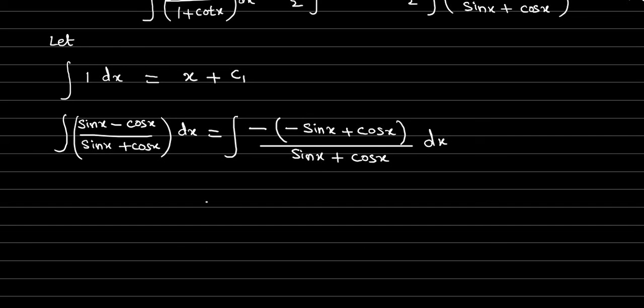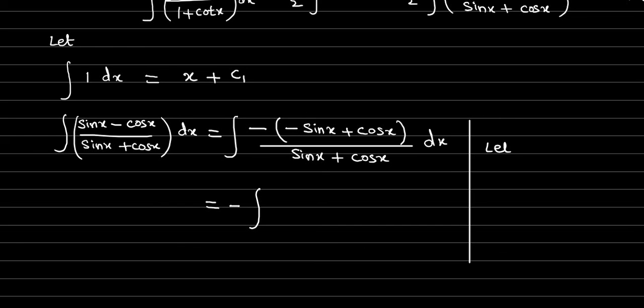This minus sign we can carry outside. Now in the numerator we have the differentiation of sin x plus cos x. See, sin x differentiation is cos x and cos x differentiation is minus sin x, we have in the numerator, right? So now sin x plus cos x we can consider as t.